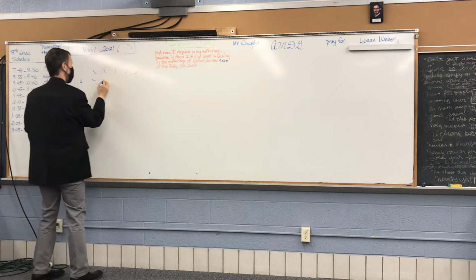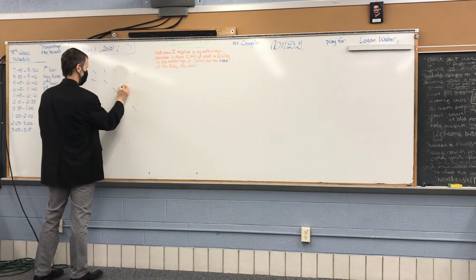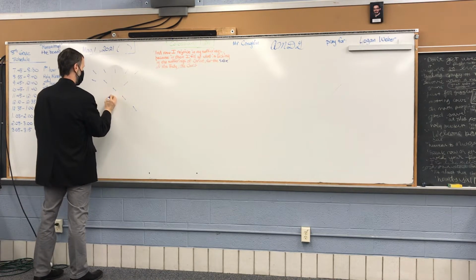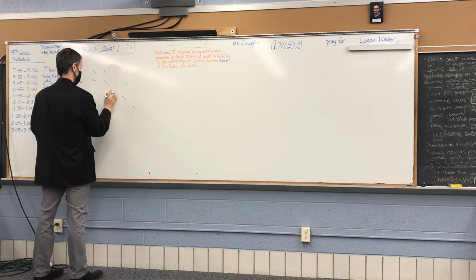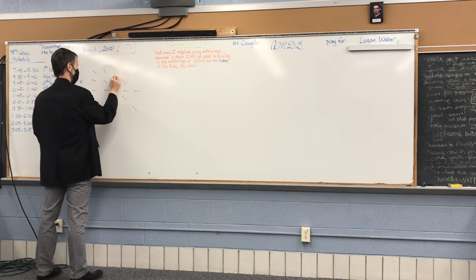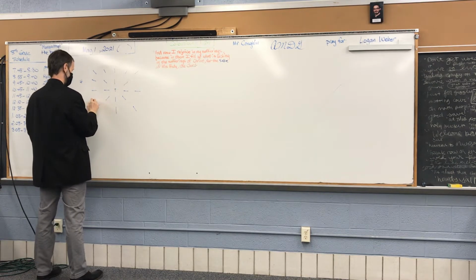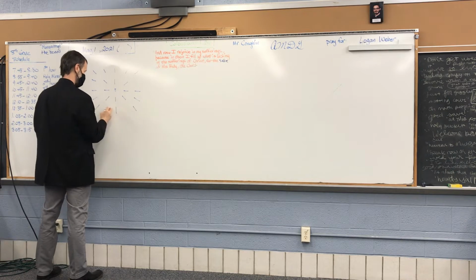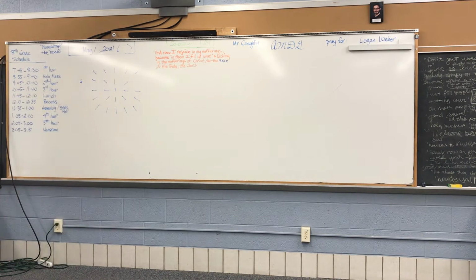So these are all negative 1. These are all positive 1. Except for the very middle. This is kind of like a toss-up. So this is kind of sort of what it looks like for number 7.